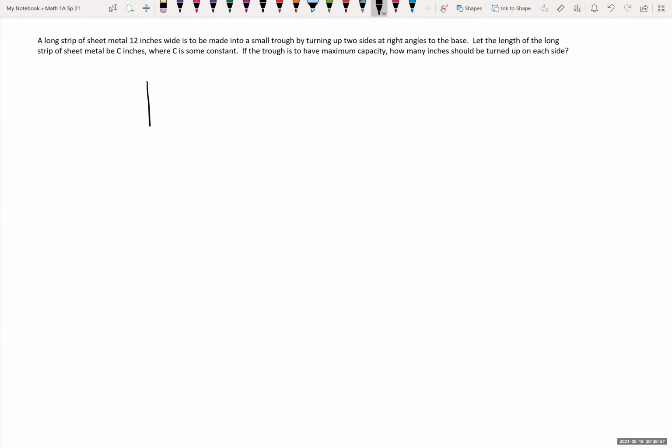So we have this piece of sheet metal. We know that this is 12 inches. We know that this is C inches. And we want to fold this up. So we want to fold it up here and right here.